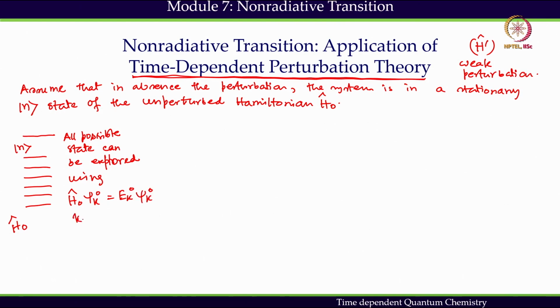So k is starting from 0, 1, 2 like this, and one of the states is actually the n state, a discrete n state. One can get these states from the unperturbed Hamiltonian where perturbation has not been introduced yet. So this is the eigenstate of the system, and this is the eigenenergy, the energy of the corresponding eigenstate.